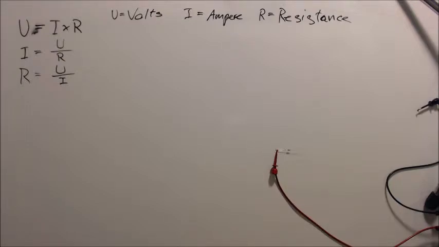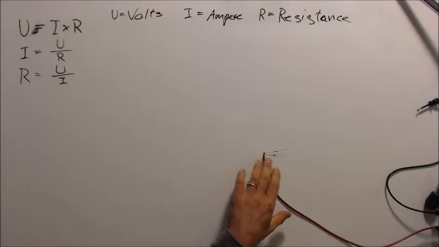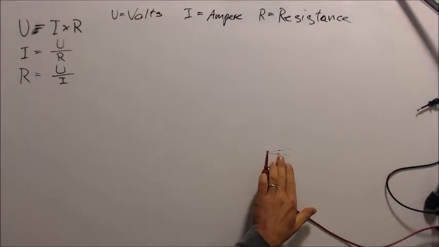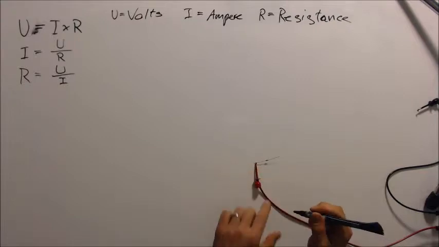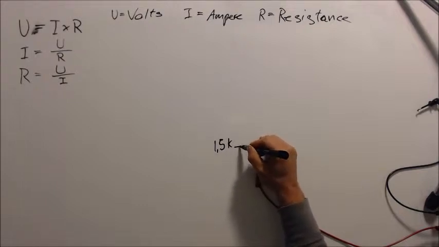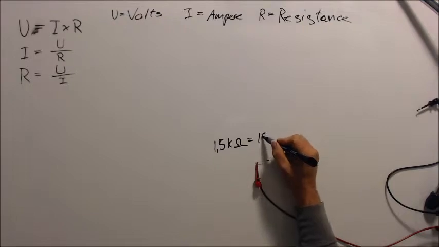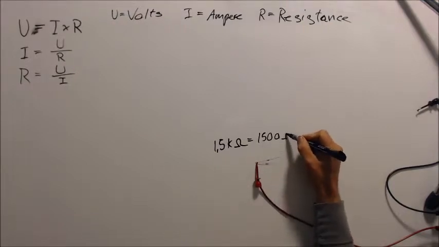We're using these expressions, kilo, milli, and what they mean is that in this case, kilo means 1,000. So 1.5 kilo ohm is the same as 1,500 ohms.